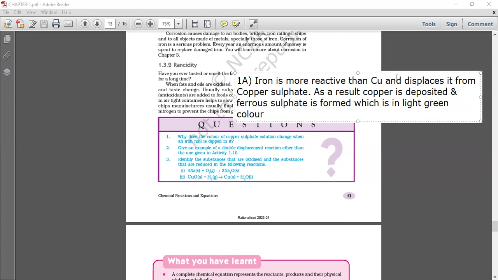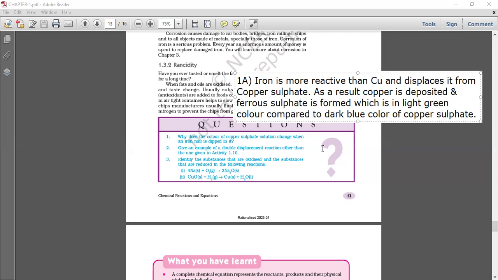So that is why the color changes, and you should write the color as well, compared to the dark blue color of copper sulfate. This will be the answer for the first one.